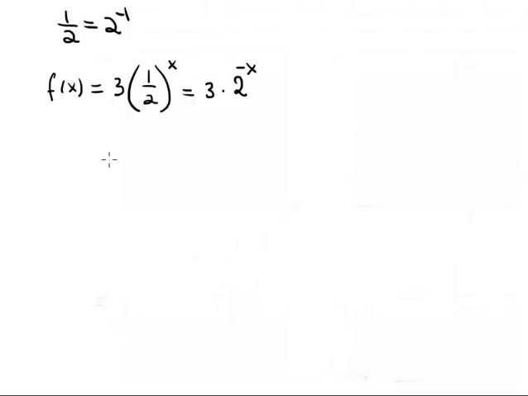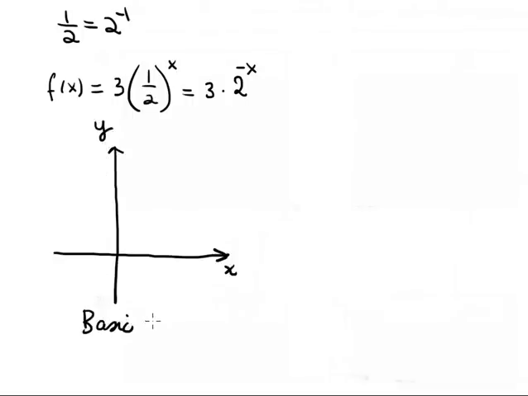In this case, there are two transformations. Suppose this is x, this is y. Let me put the base exponential with base 2, 2 to the x. The typical point is (0,1). This is (1,2) here, and (-1,1/2) here.